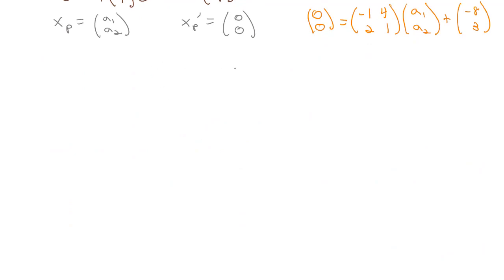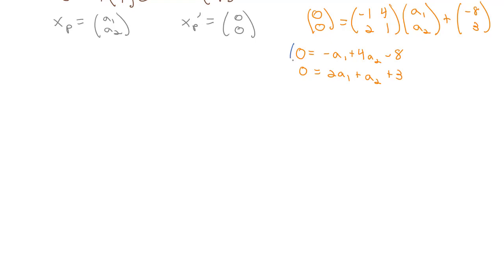Multiplying through, we end up with 0 equals -a1 plus 4a2 minus 8. And the second row gives us 0 equals 2a1 plus a2 plus 3. We can solve this system several ways.